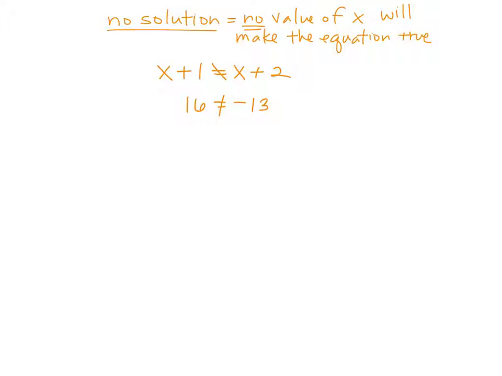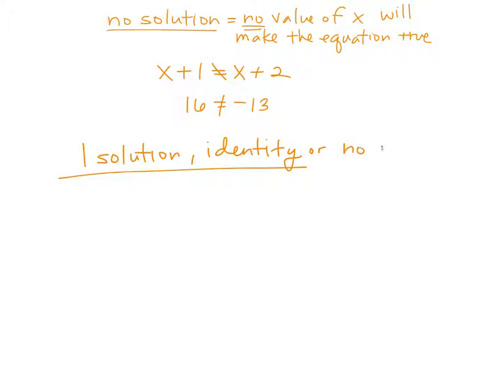Okay, so here's what we're gonna do. I'm just gonna lay it out for you. Let's do this. I wanna know, does it have one solution, an identity, or no solution?